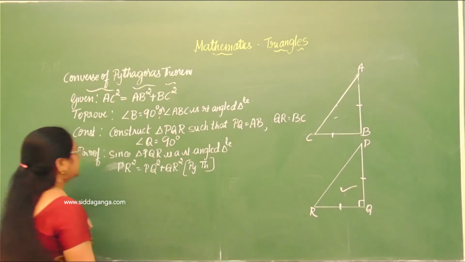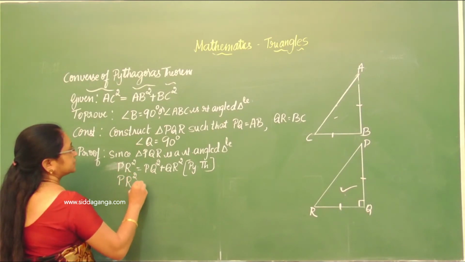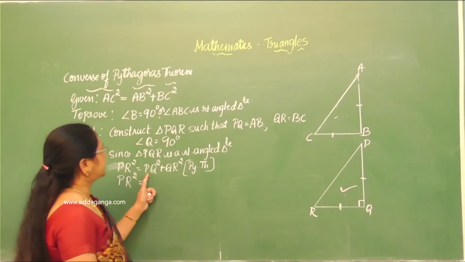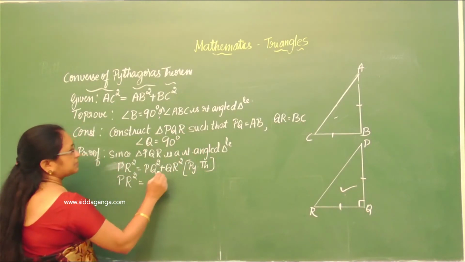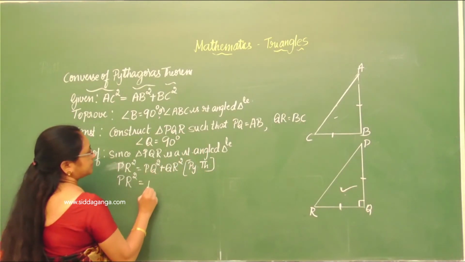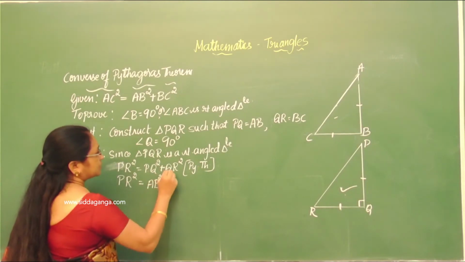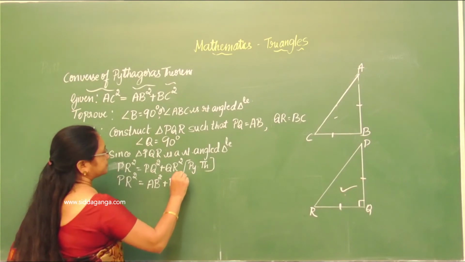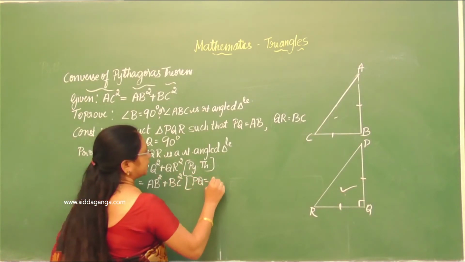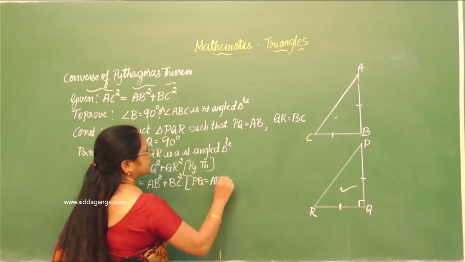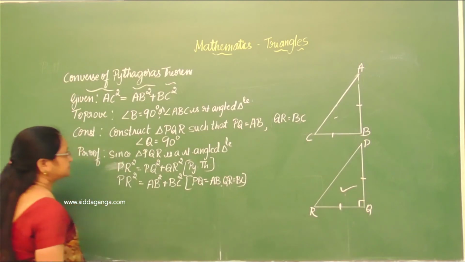Now PR square is equal to, now I have taken PQ as AB and QR as BC, so I can replace these two, correct? PQ as AB square plus QR as BC square, because I have taken PQ is equal to AB and QR is equal to BC.